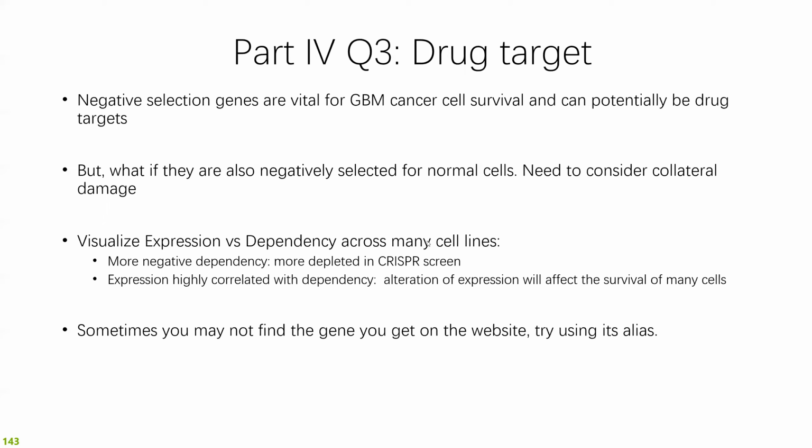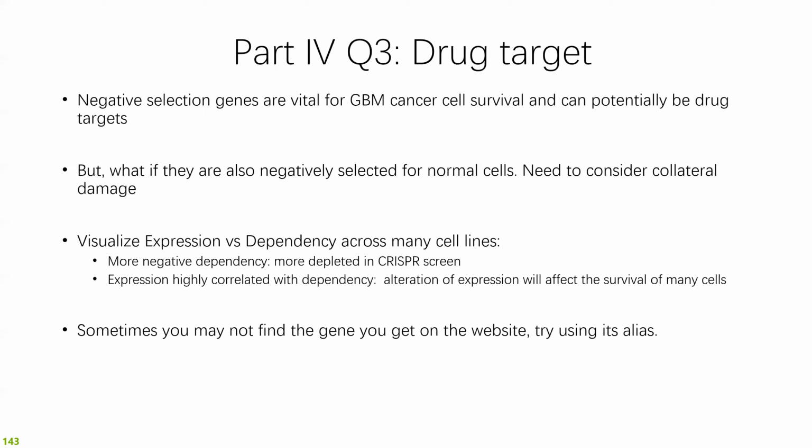One way to see if a gene is important for both cancer cells and normal cells is to visualize their expression versus dependency across many cell lines. So the more negative the dependency is, the more depleted the gene is in the CRISPR screen.